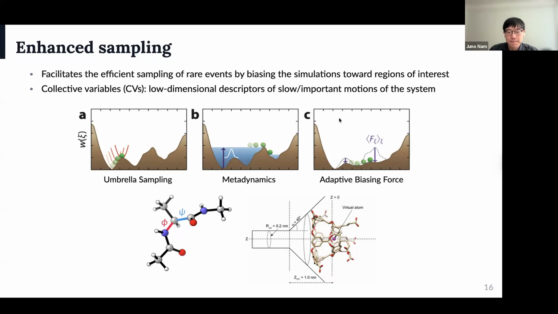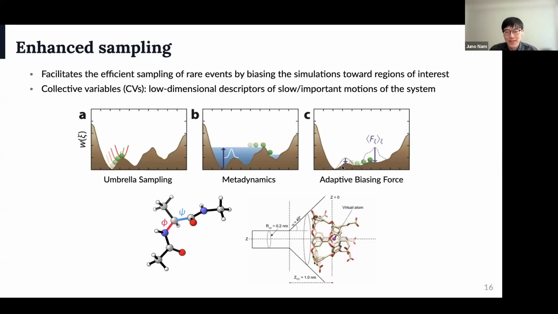Another well-known flavor of collective variable-based enhanced sampling is adaptive biasing force, where we keep track of the force at some collective variable point that is experienced by the molecule, and we bias the simulation towards the negative direction of that force.